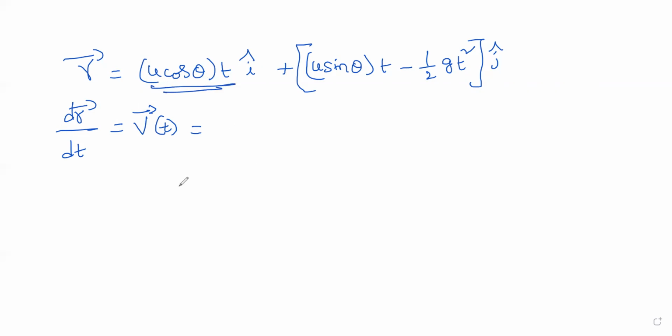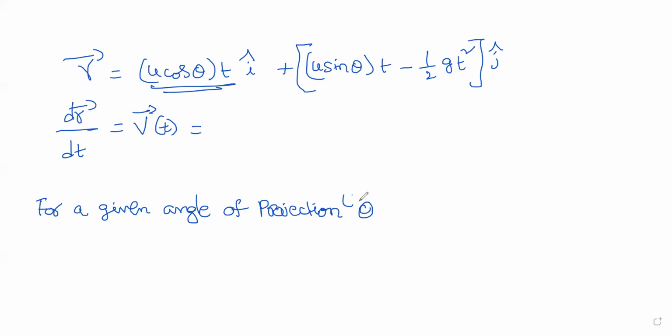So when you differentiate this, for a given angle of projection theta, sine theta and cos theta are constants.